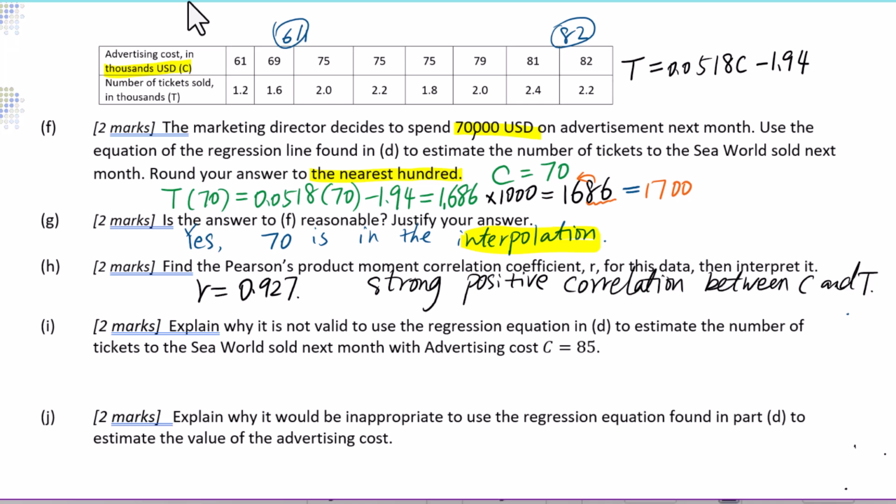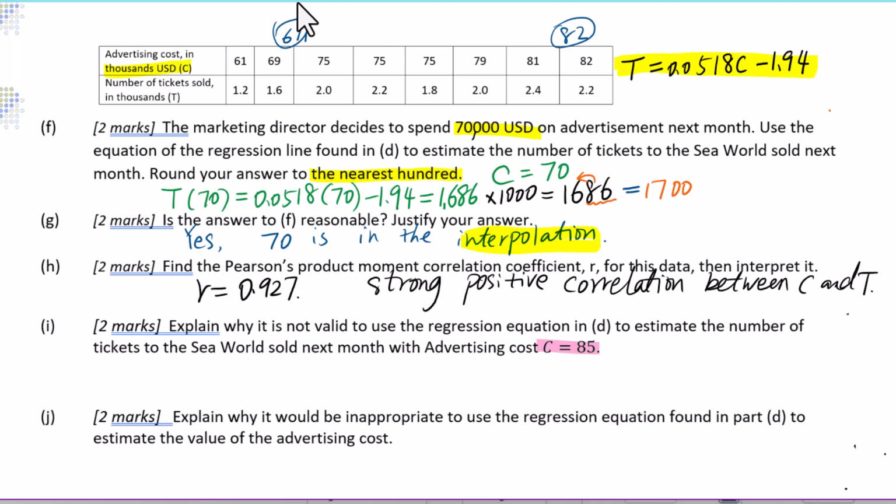I, explain why it's not valid to use the regression equation in D to estimate the number of tickets to the SeaWorld sold next month with the advertising cost C equals 85. Check this C equals 85.